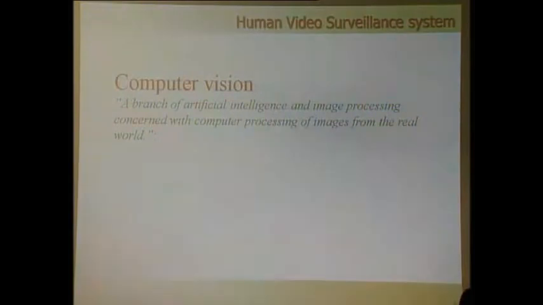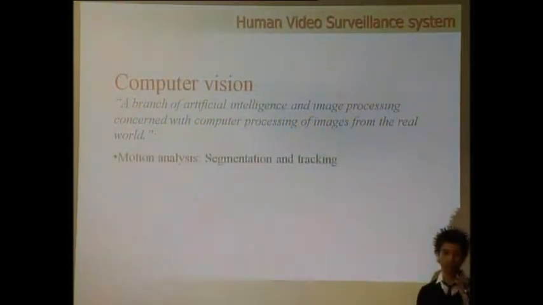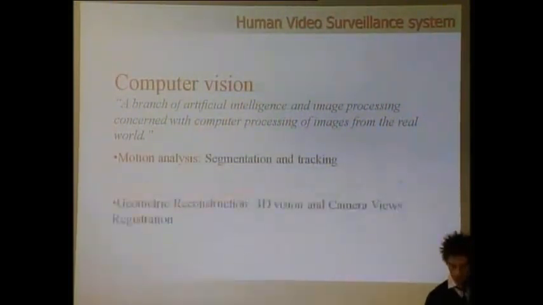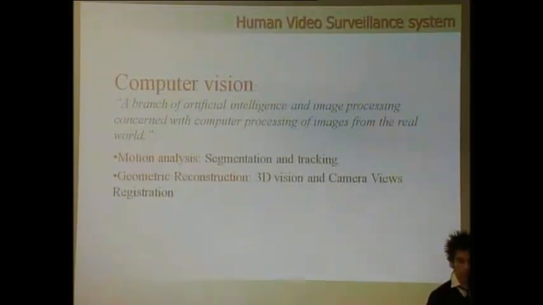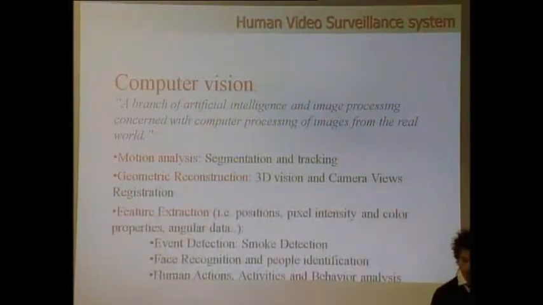In particular, the problems related to human video surveillance are motion analysis, for example people segmentation and tracking, geometry reconstruction that involves 3D vision or camera field of view registration, and feature extraction in general. In the case of video footage, features could be, for example, people position, pixel intensity, or color properties, and could be used for event detection, such as smoke detection in video streams, face recognition and people identification, or human action classification in general and behavior analysis.